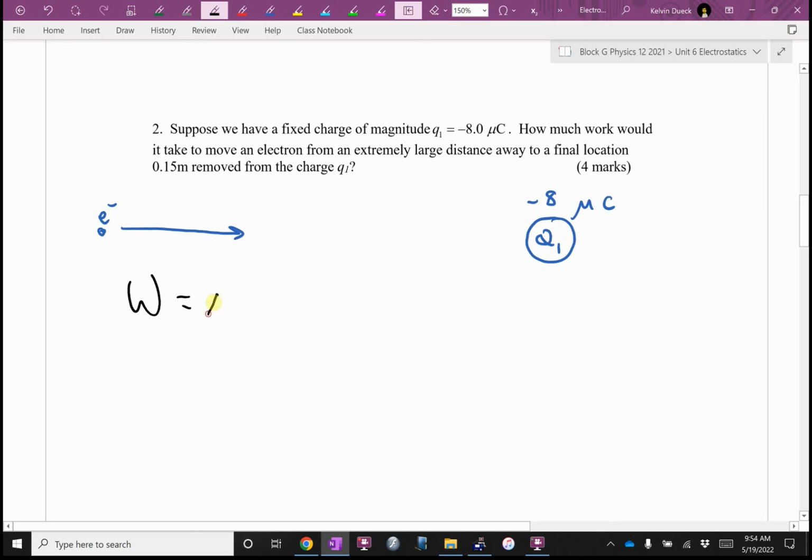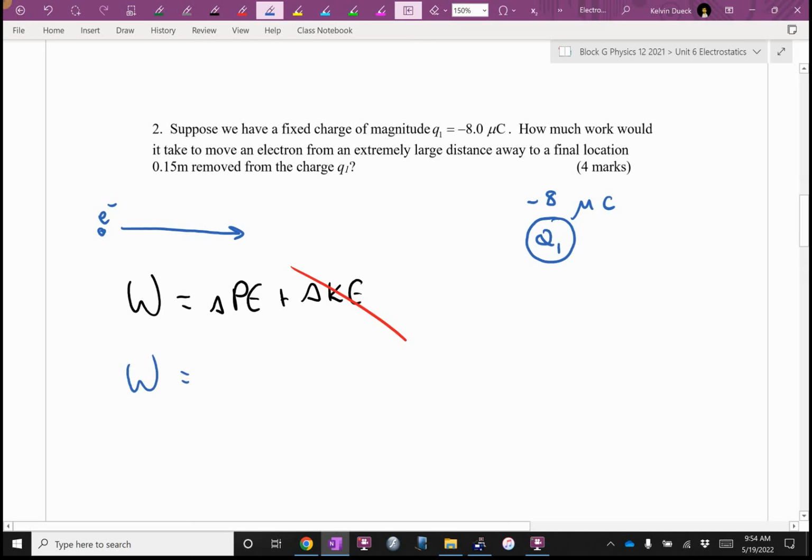So it's going to be the change in potential energy plus the change in kinetic energy. I don't see any mention of speeds, so I'm going to assume that we start and end at rest. So the change in potential energy is going to be, I guess, K, well, you know what?